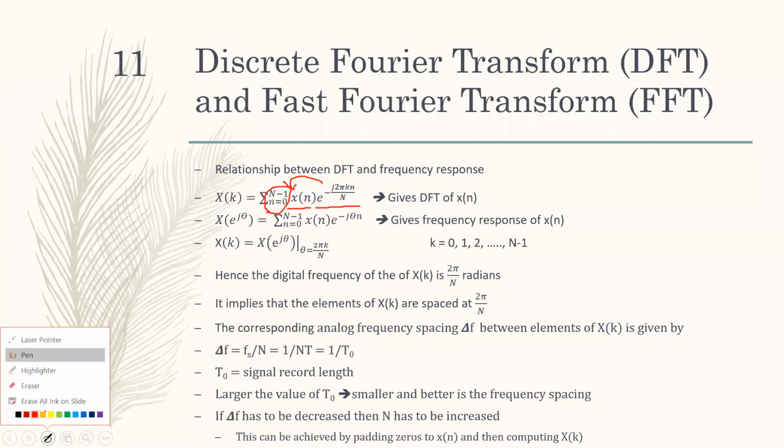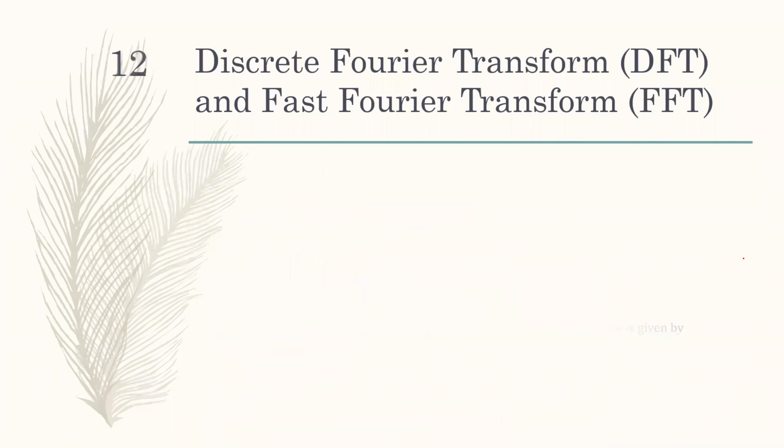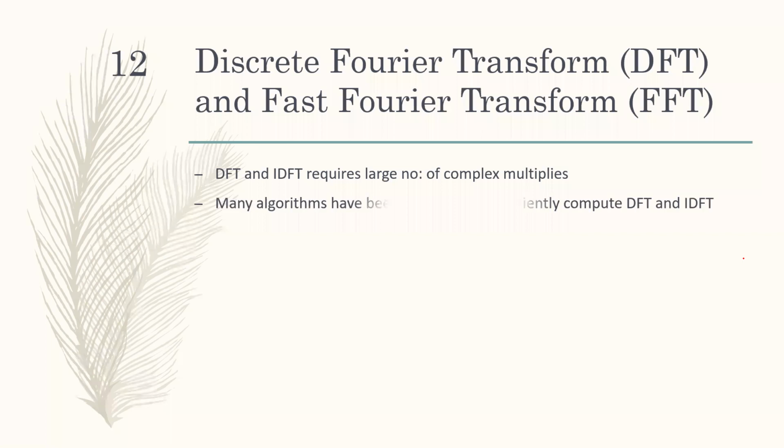So here you can observe that there are a large number of complex multiplications involved. Apart from multiplications, you'll also have additions and other operations. Shifting is not present in this case; what is present is multiplication and addition. So DFT and IDFT have a large number of complex multiplications.